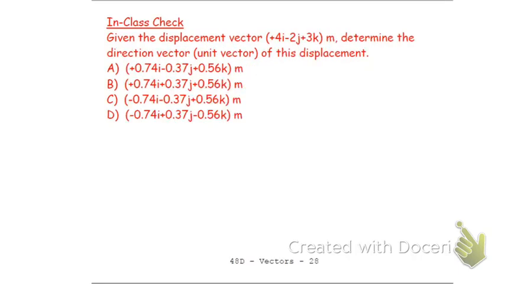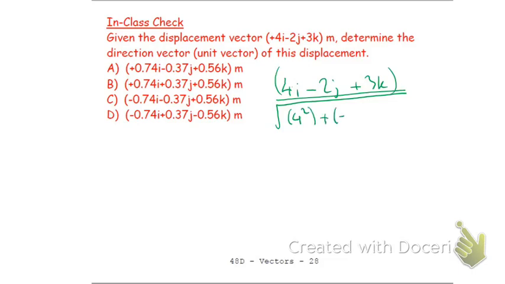This one, given the direction vector, let me show you. This will be 4i minus 2j plus 3k divided by the square root of 4 squared plus minus 2 squared plus 3 squared.